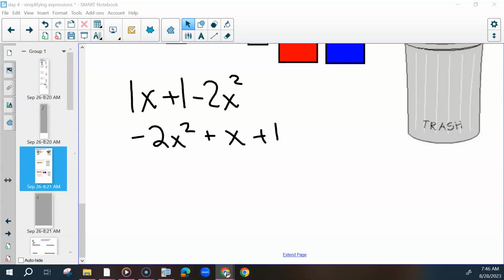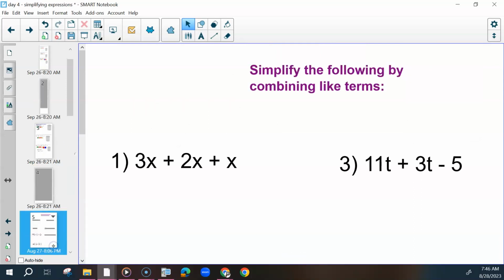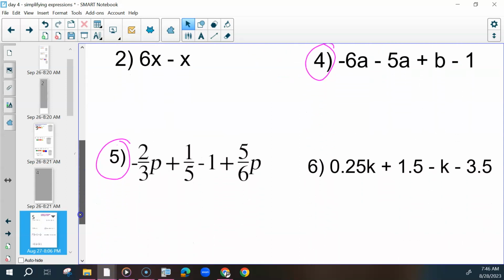Alright, so on that next page, I want you to find any problems that look complex, you want to go over together, you may be not sure where to start, any of those. Number 5. So the ones I have circled, ignore them unless that's one you want to do.